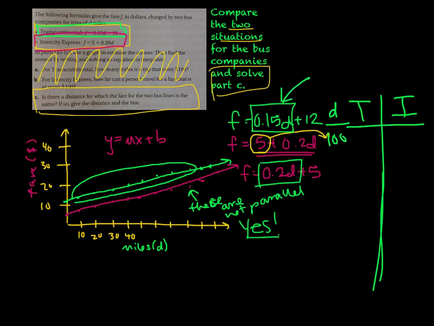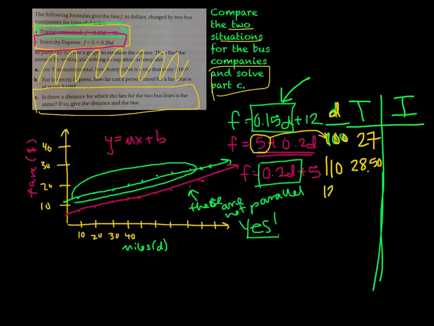we're looking at the distance for this first fare for transcontinental. Our distance at 100 is 100 times 0.15, which is $15 plus 12, which is $27. Our distance for 110 ends up being $28.50.